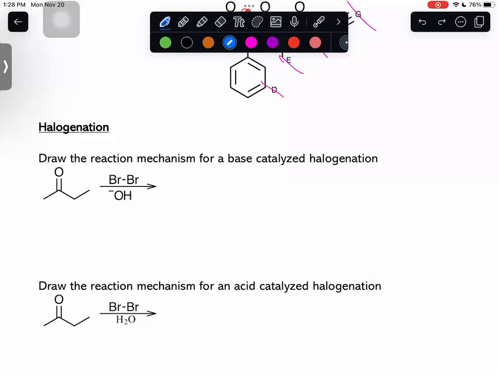But we saw halogenation, for example, back in chapter 15. Okay. And now we see it again in chapter 18. They have pretty much the same exact reagents. They both have Br2. What about the bottom portion, the solvent? Is it the same? What was the solvent for chapter 15?